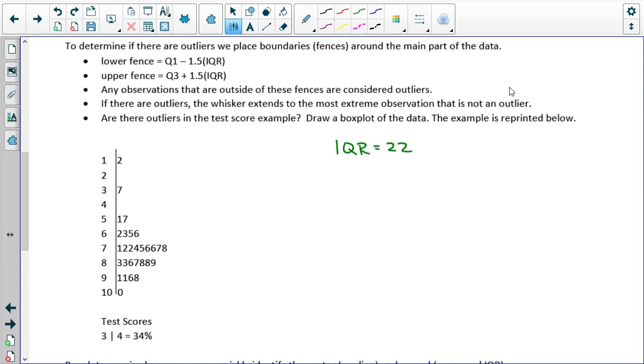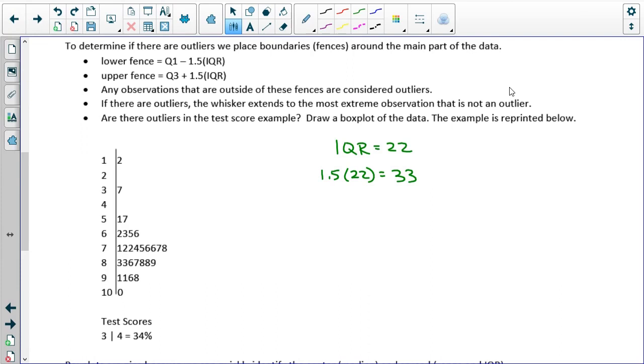So what I do is I fence the data at Q1 and Q3, and then I take 1.5 times the IQR, which in this case is 22, and say 33 away from either part of the interquartile range is too far away for me to consider that to be a normal observation. So we call that an extreme observation or an outlier.